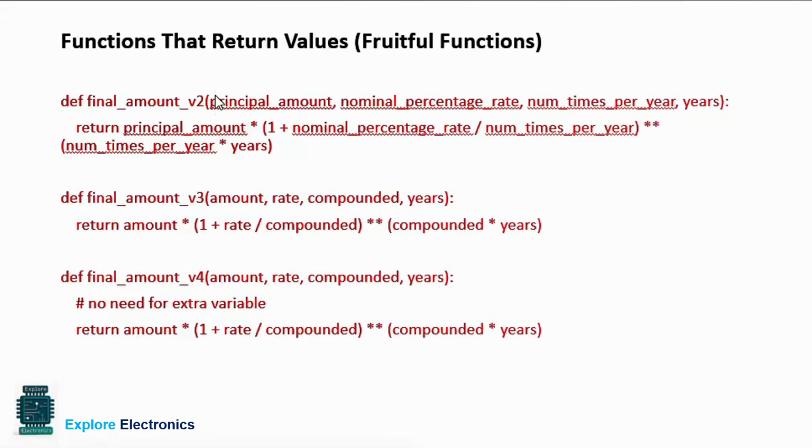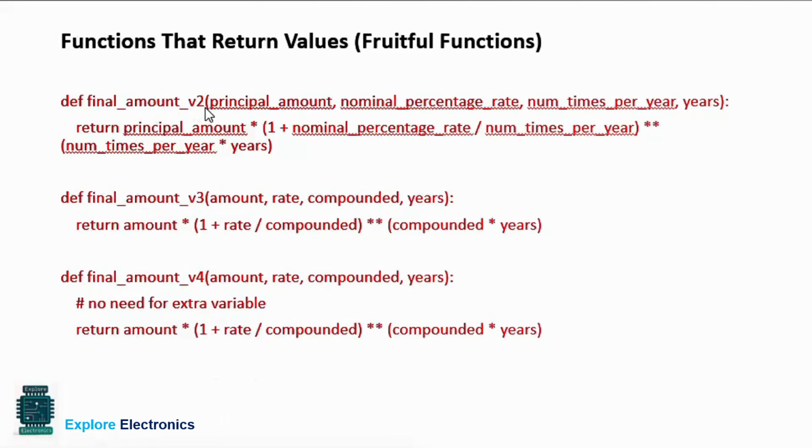Here we have taken P, R, N and T, and written principal amount into 1 plus nominal percentage rate divided by number of times per year, exponent number of times per year into years. This is the formula to find the compound interest, and it will find the compound interest based on the given inputs. Let us see one more.